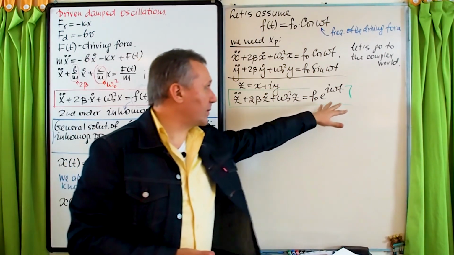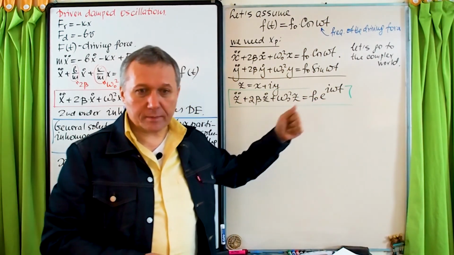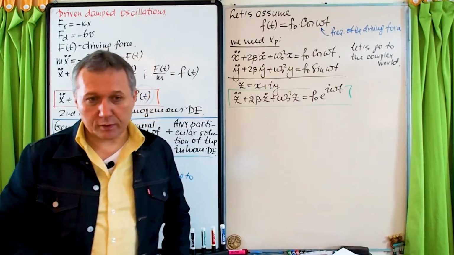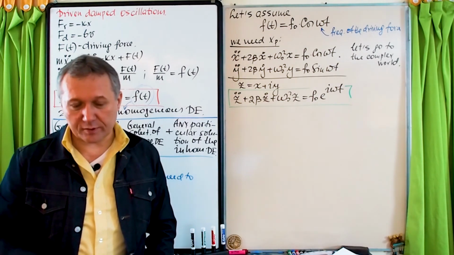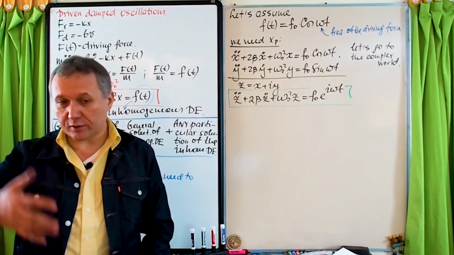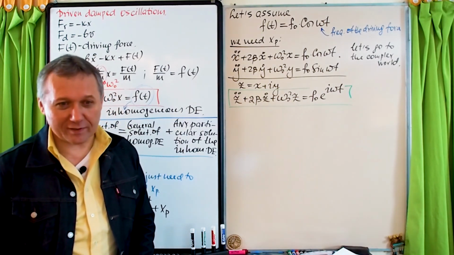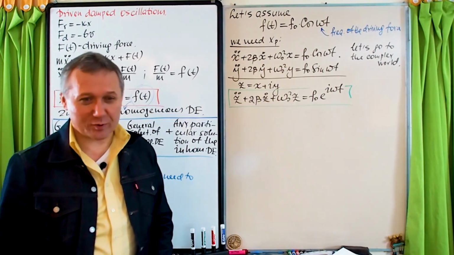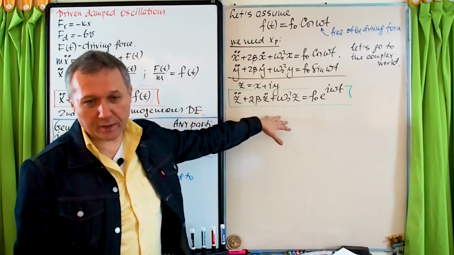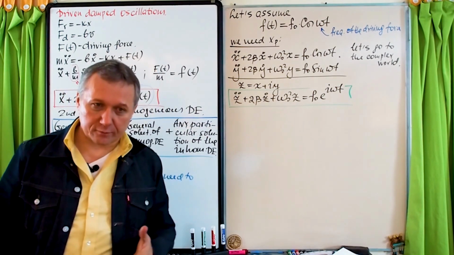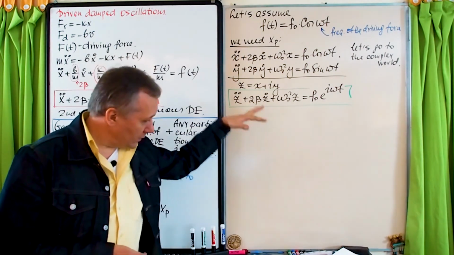Since we have an exponential factor in the free term, it makes sense to search for a solution in the exponential form. It will be the most convenient. We just need to find any, and it's better to find the easiest possible form. Then we will just need to find the factor in front of that e to the power of i omega t.